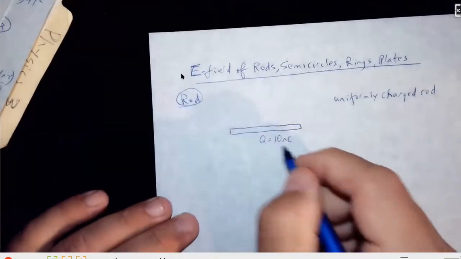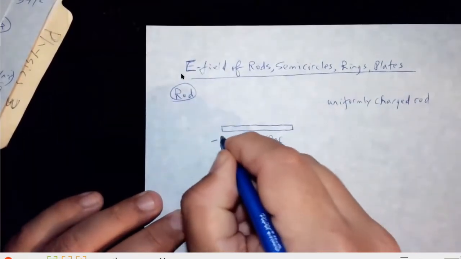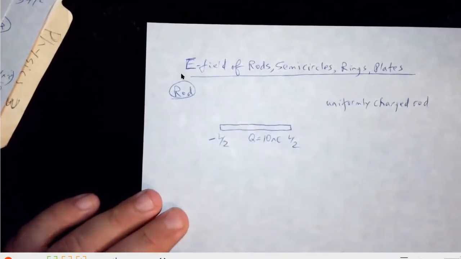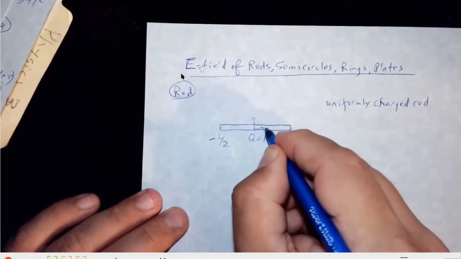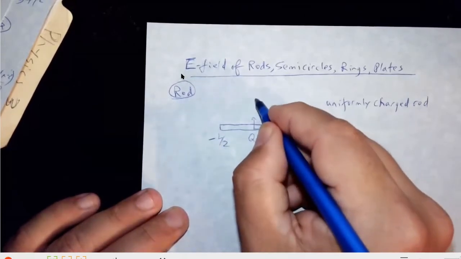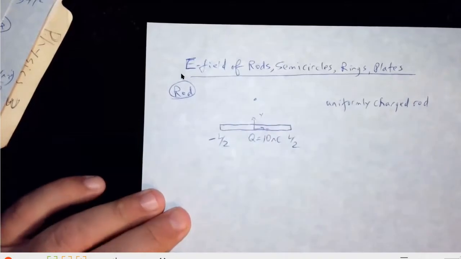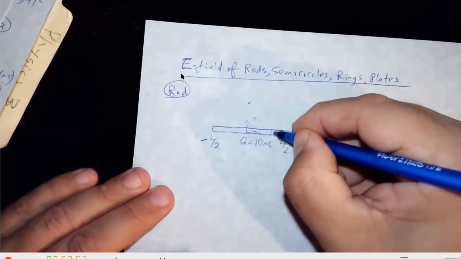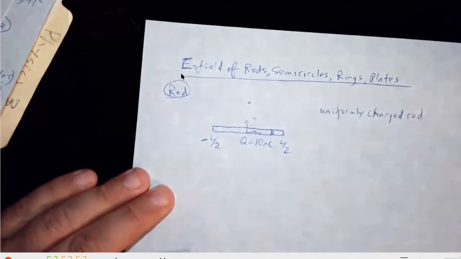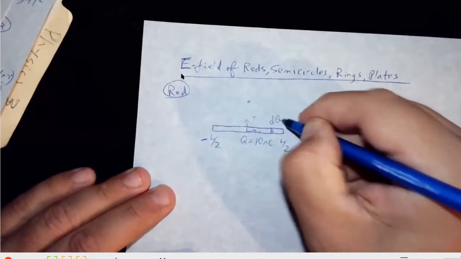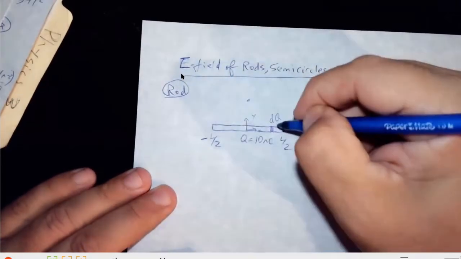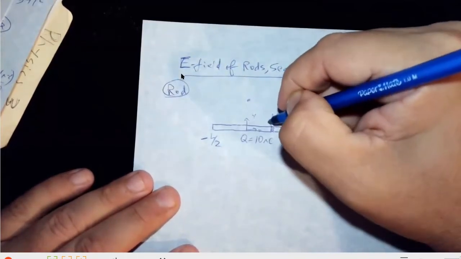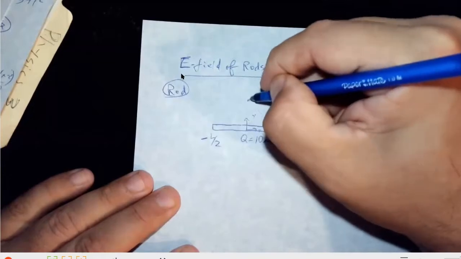First we could do it with a general variable, negative L over 2 to L over 2, right? Then I could put my XY axis right here. Now to find the electric field here, I'm going to take a certain charge element here and say the charge of that is dq, and that dq creates an electric field at that spot radially away from the dq.